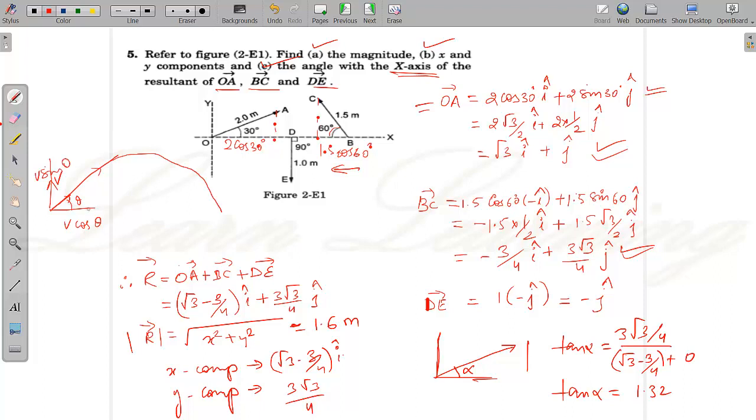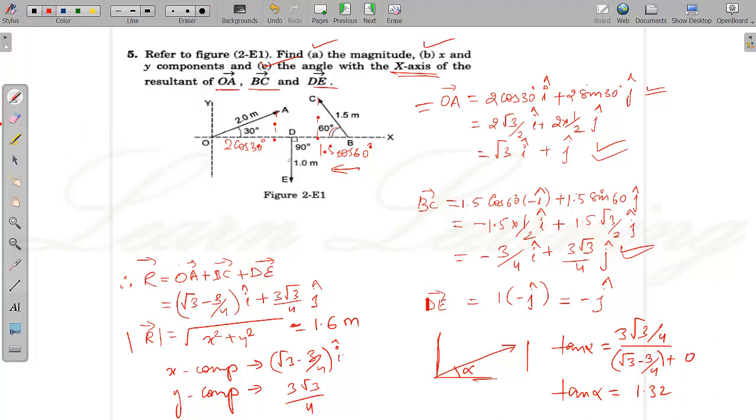Throughout the motion, the velocity in the horizontal direction will always be the same, because there is no force acting along the horizontal direction. The only force acting is towards the ground, that is mg, and this force has no influence in this direction because it is 90 degrees. So a lot of things will be very useful in your future chapters.